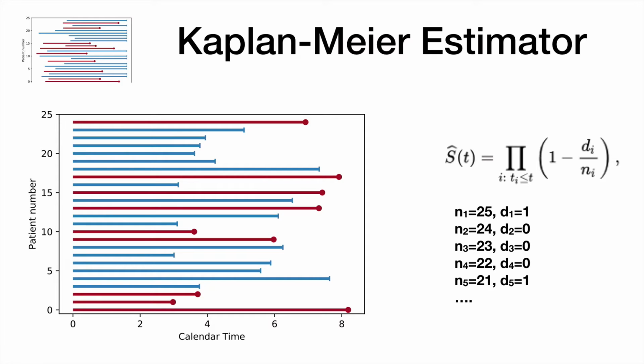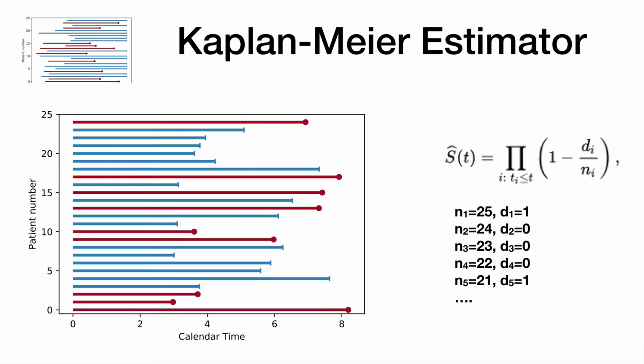That will then give you an estimate of the survival function as 1 minus 1 over 25, which is 24 divided by 25 at that point in time. And for the next events, these are all survival events, those blue lines here. But when you reach the fifth event, it is actually a disease event again, and at that point you take the number of survivors, that is 21, and you put this into the equation.